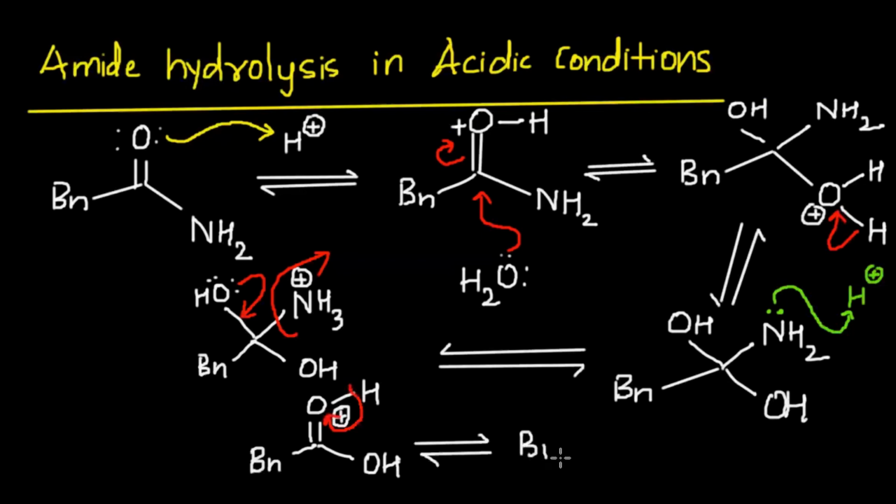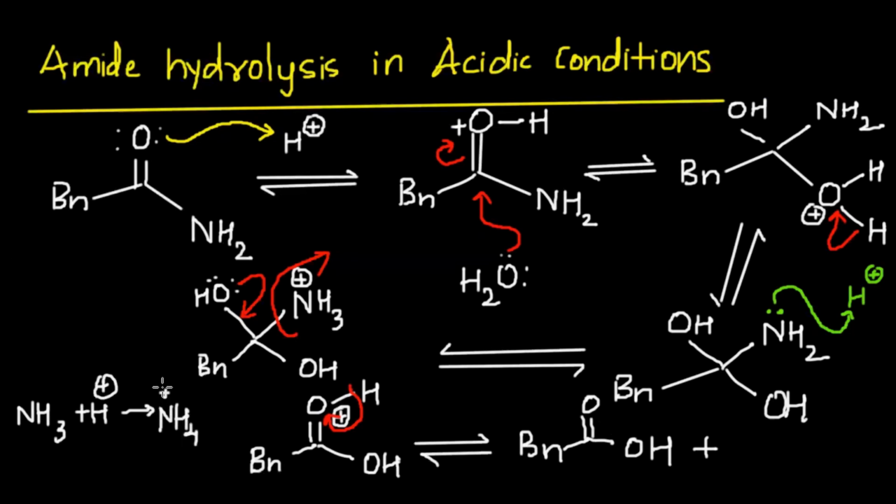So you generated carboxylic acid, and the ammonia that has left will pick up proton and form ammonium ion. So this ammonia is protonated again, therefore it completely becomes non-nucleophilic. That is, protonation of this ammonia prevents reverse reaction.